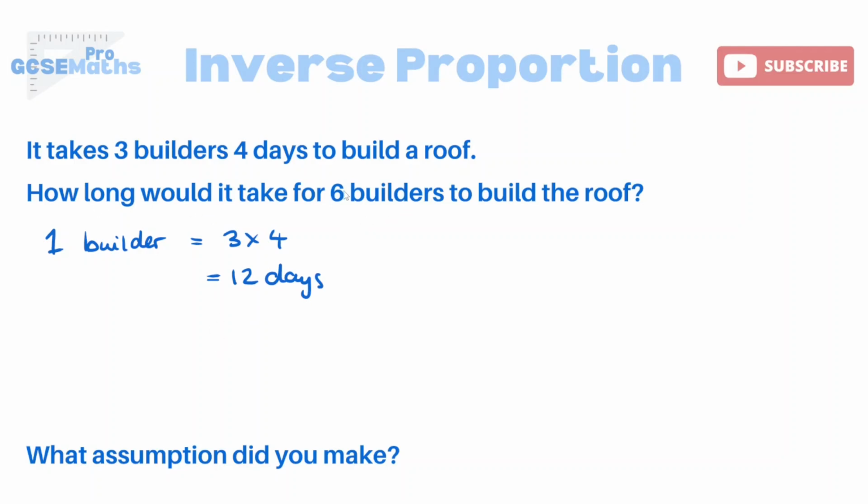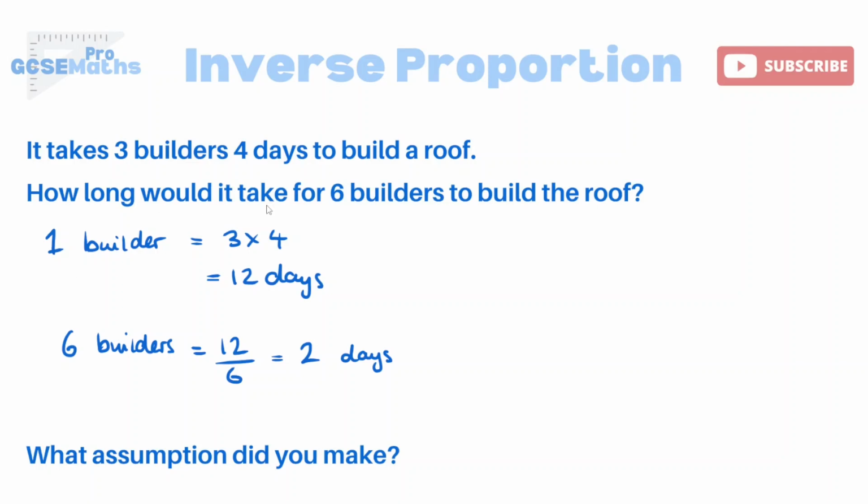Now, how long does it take for 6 builders? This is when I can actually divide, right? Because it's going to be more builders, so therefore a shorter amount of time. So 6 builders would be the 12 days divided by 6, which is 2. So we get 2 days.